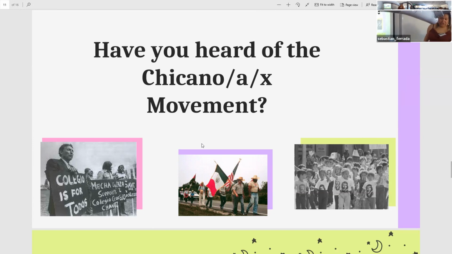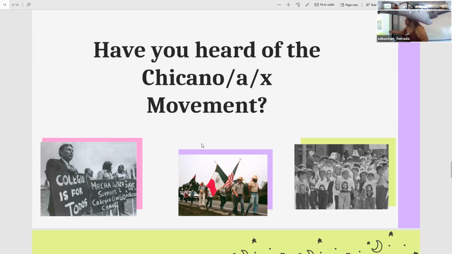The middle picture shows a group of farm laborers who got together in 1983 through the Farm Labor Organizing Committee, and they marched from the tomato and pickle fields in Ohio all the way to Campbell Soup's headquarters in New Jersey to fight for social justice and labor rights in the Midwest.